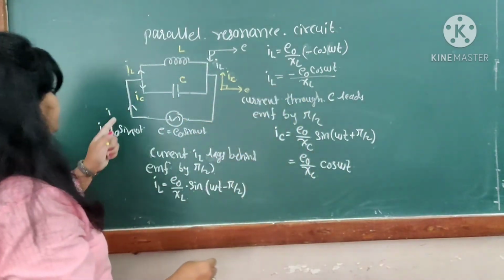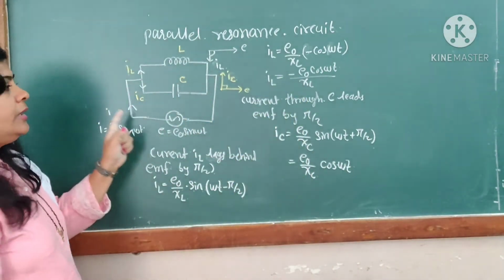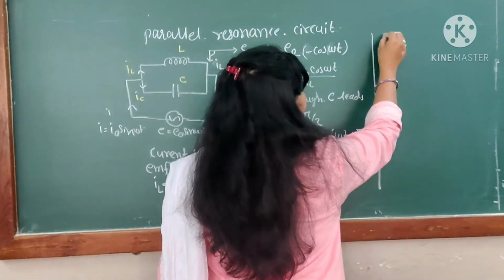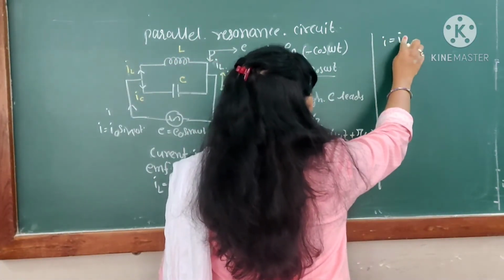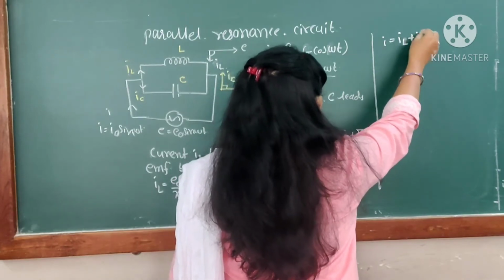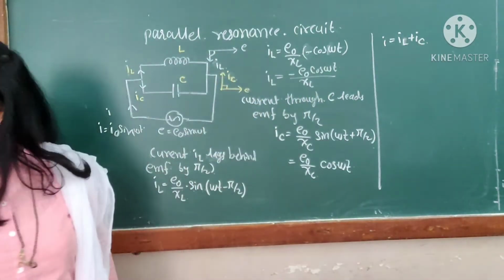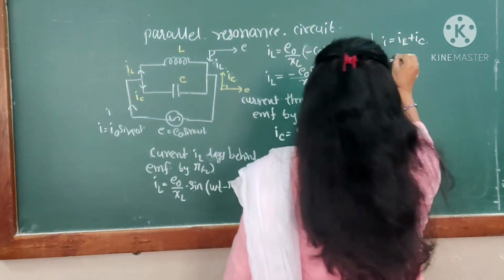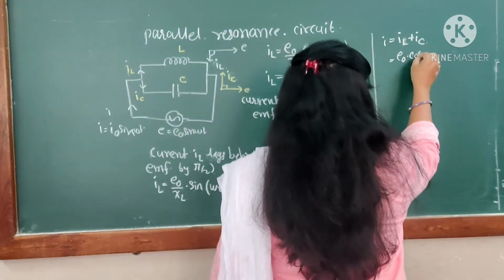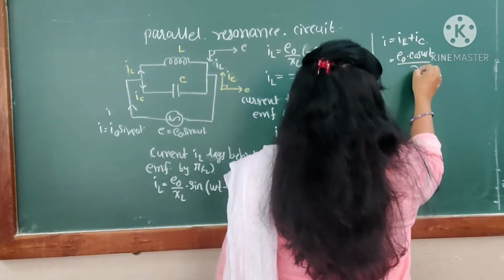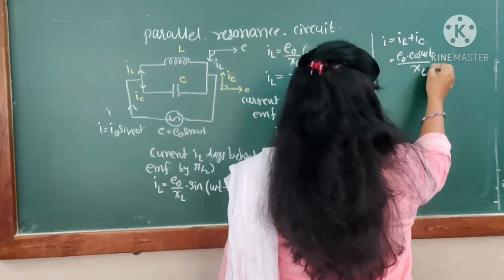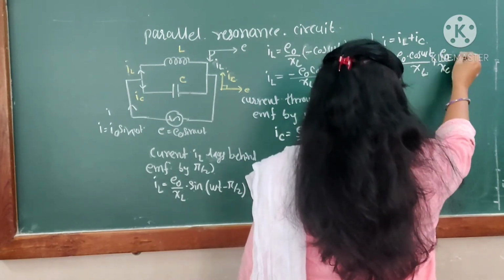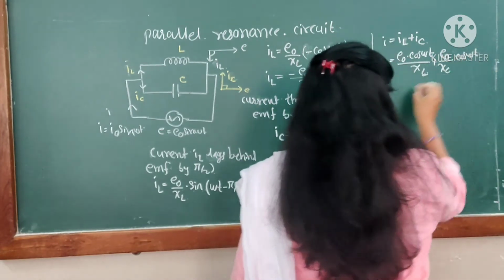Now, according to Kirchhoff's current law, I is equal to IL plus IC. When these two equations are added together, we get E naught cos omega t upon XL plus E naught upon XC into cos omega t.